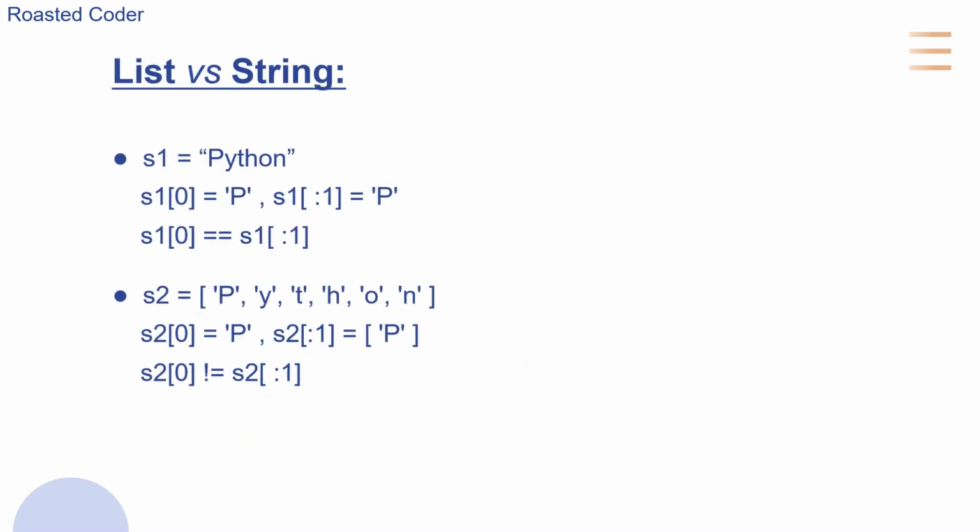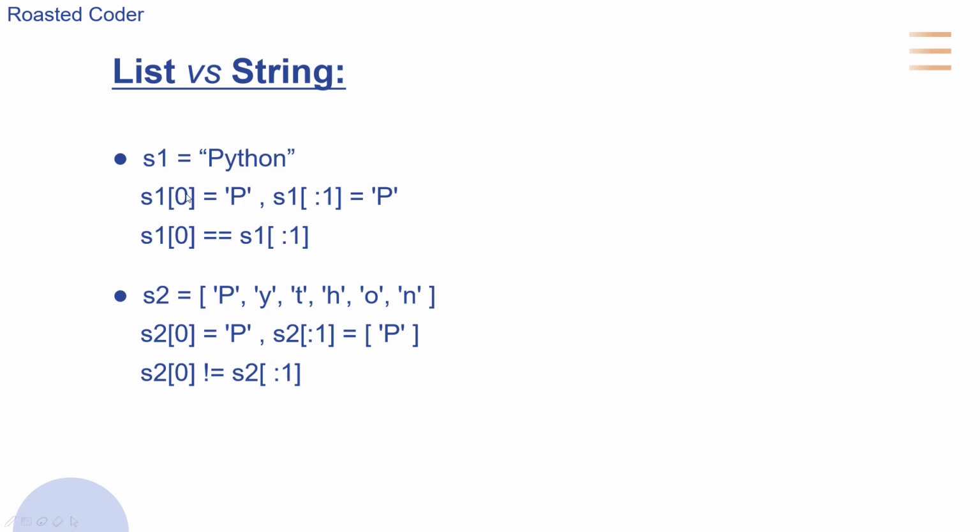Now let's talk about list and string, and how they are similar from some perspective. Let S1 be the string Python. A character and a string are the same in Python, so we can say P is a string or a character, both are true.